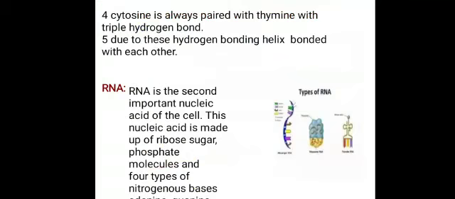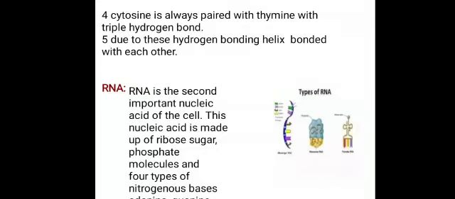And cytosine is always paired with guanine with triple hydrogen bonding. Due to this hydrogen bonding, the helix is bound together. If the hydrogen bond is not present, then the ring suddenly opens. So due to the strong force of the hydrogen bonding, they are in the form of a helix.